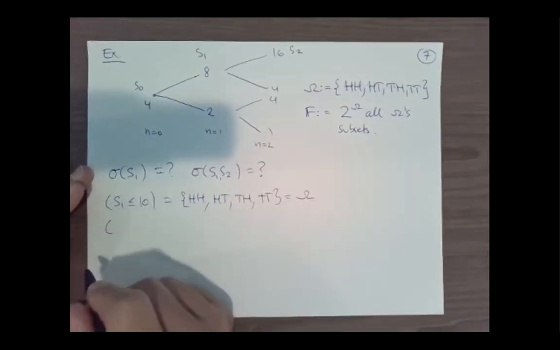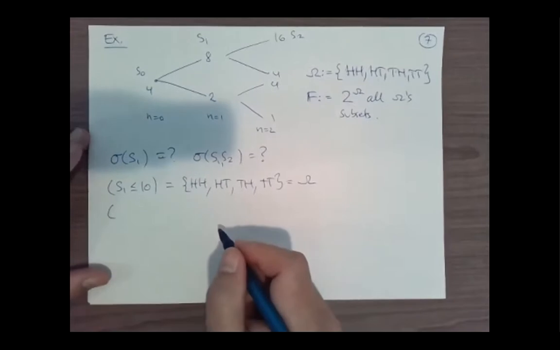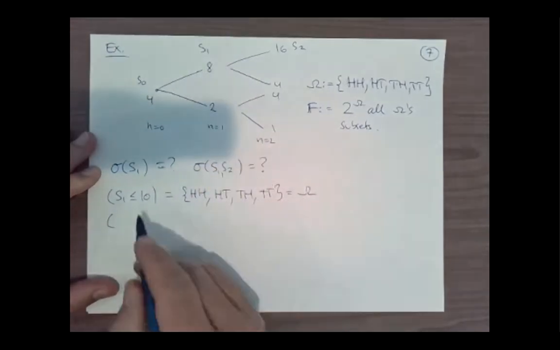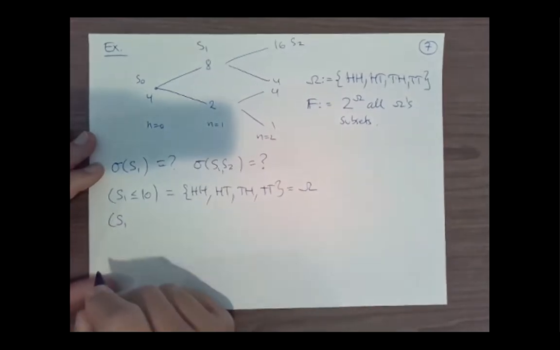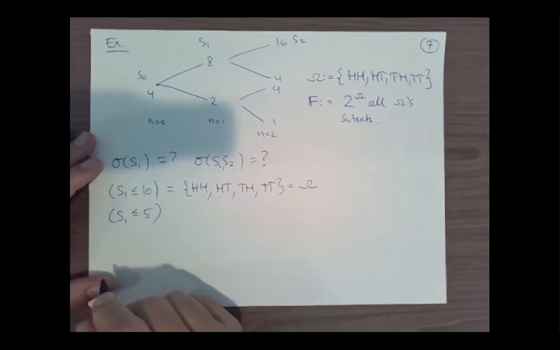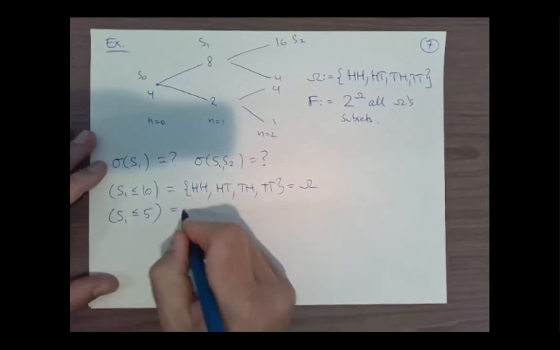What else could I look at? Let me try to get something with a more complicated structure. The values are 8 and 2. So if I go down and look at S1 less than, say, 5, what would we get now?